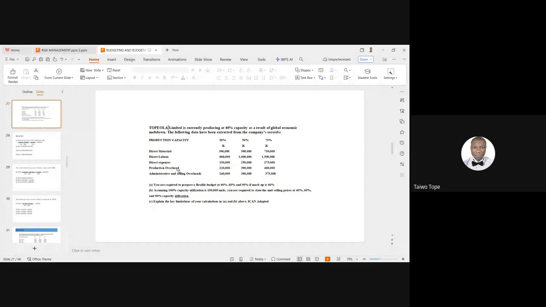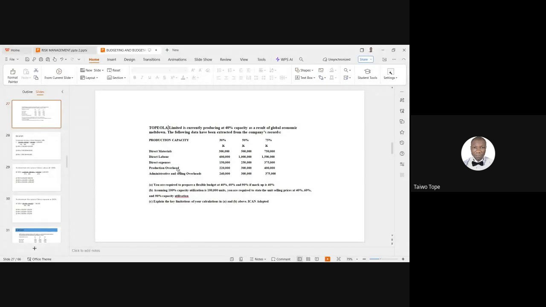When you determine your variable cost, at either 75% or 30%, the difference between your total cost and your variable cost will give you your fixed cost.